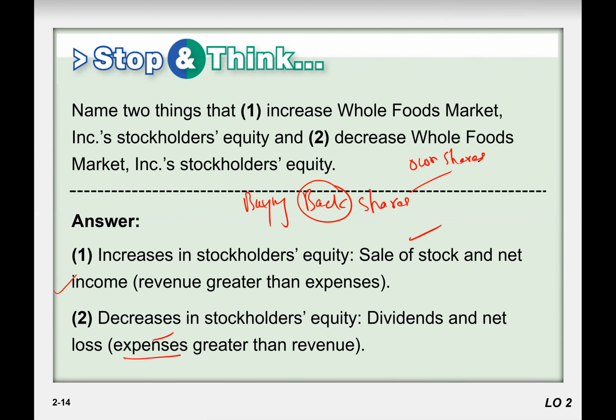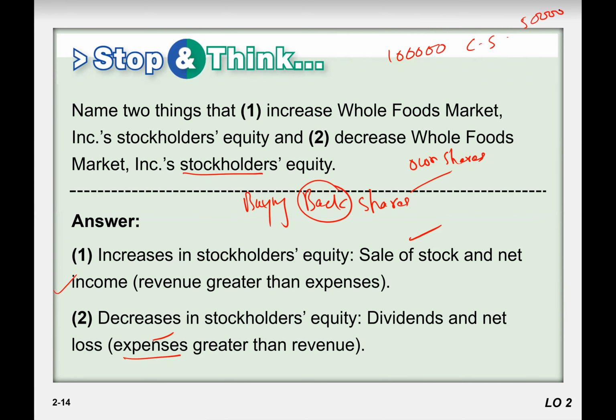If it's other companies' shares, then you just say it is buying shares of other companies, or short-term investments. But that is your assets, not your shareholder equity. But buying back your own company shares belongs to shareholder equity. For example, you issued 100,000 shares as common stock, and now you buy back 50,000.